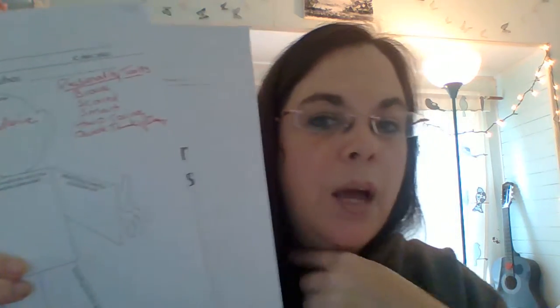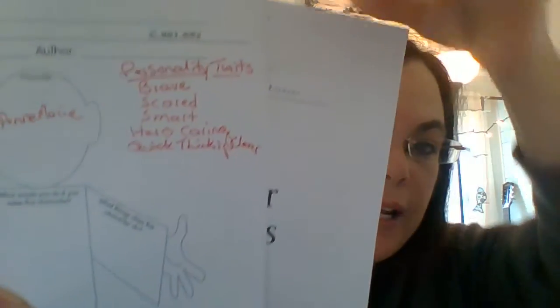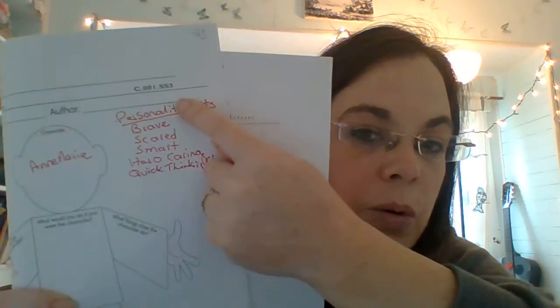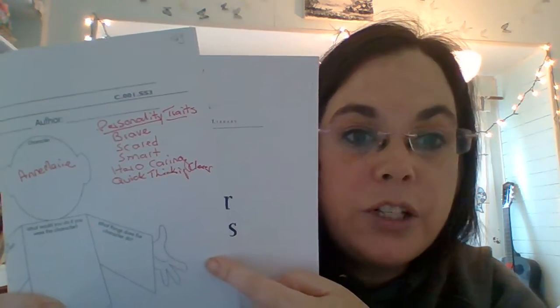Okay. But another part that is really important is up here, where we created and labeled personality traits. And this is where I want you to write down some personality traits of each character. And you have to think about what that character does, and that'll help clue you in on the character traits, okay?